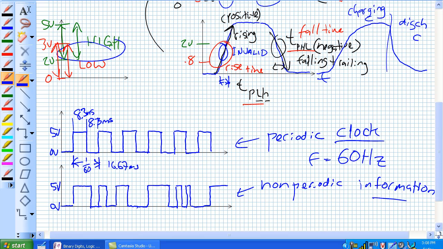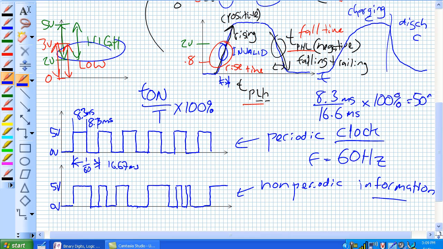So think about it, it's working half the time. Okay, so time on divided by the period times 100%. In this particular case, 8.3 divided by 16.6 milliseconds times 100%. That's a 50% duty cycle.